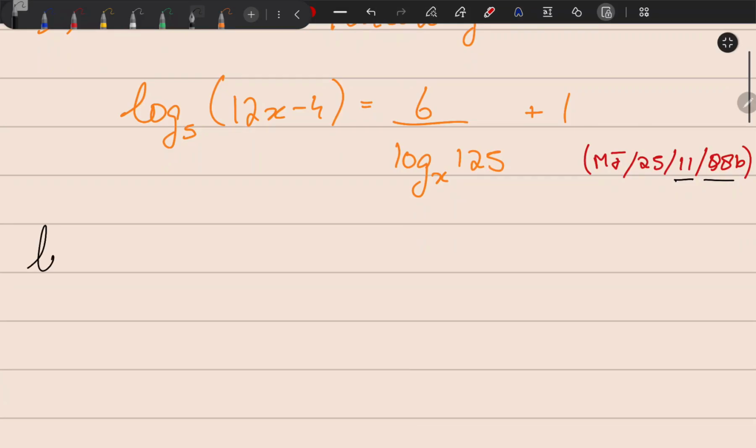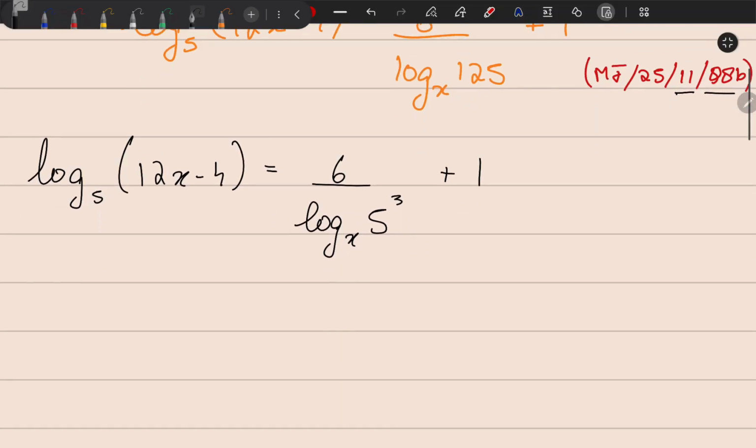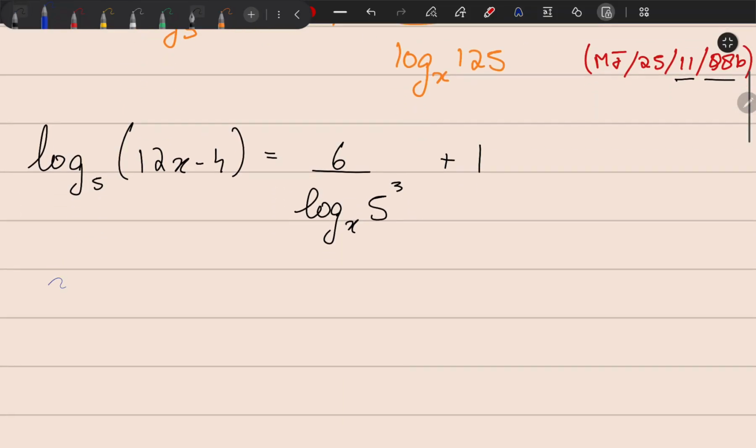Let's start off with log base 5 of 12x minus 4 is equal to 6 upon log base x of 125 plus 1, and we can write the 125 as 5 cubed. Now here we have our first logarithmic identity.